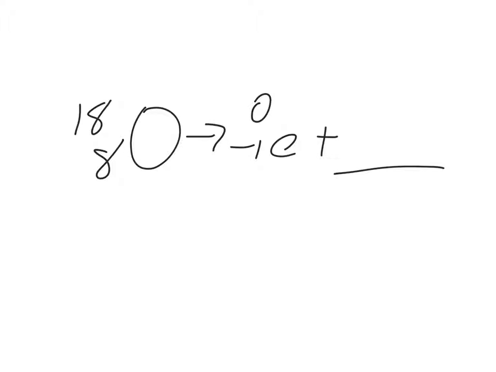Okay. So what's going to go here? What's my number on top going to be? It's going to be 18. Very good. And 9, with a negative 1. So a 9 plus a negative 1 gives me an 8.